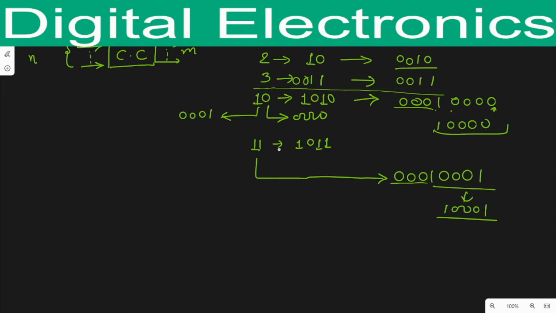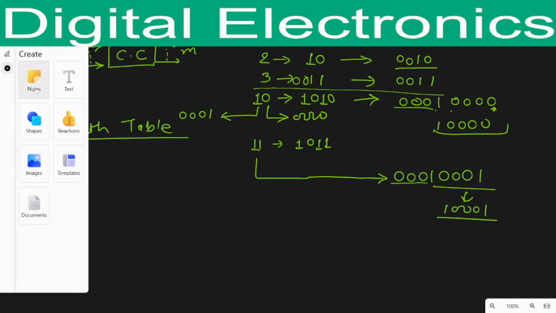To start this conversion, first we need to draw a truth table. A truth table is nothing but a table in which we find various outputs on the basis of different input combinations.